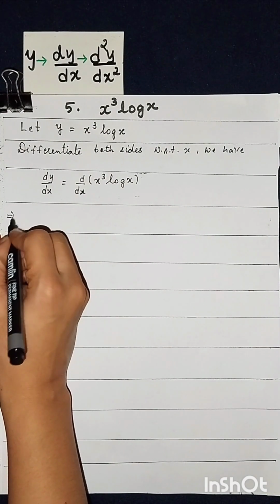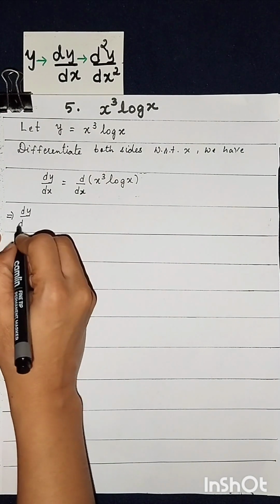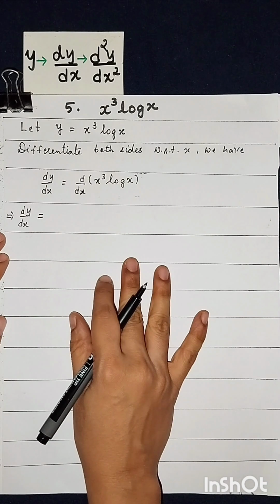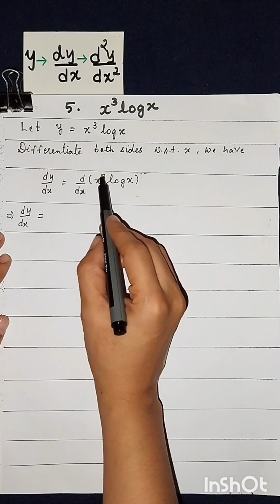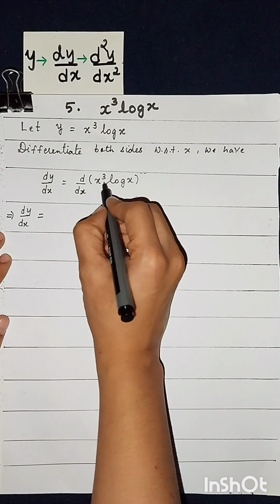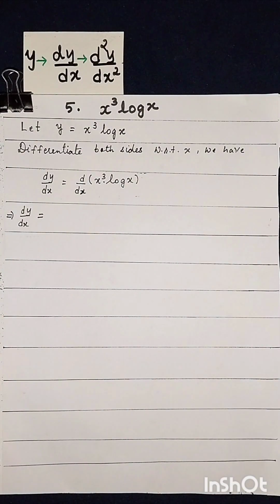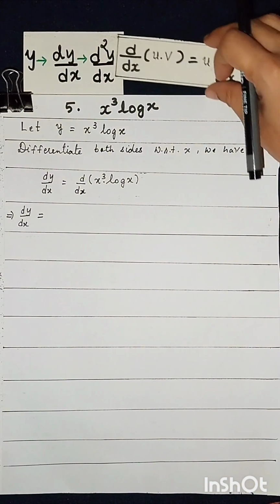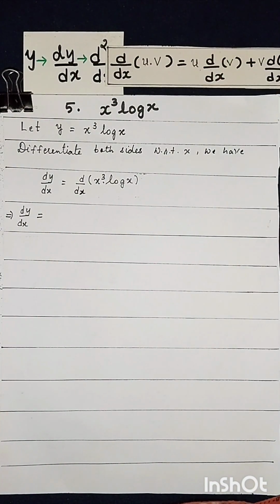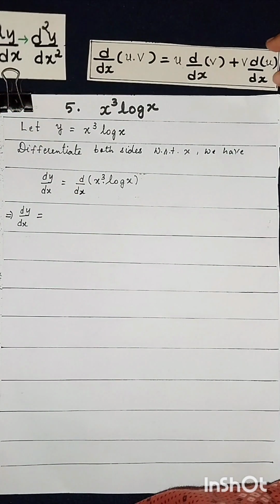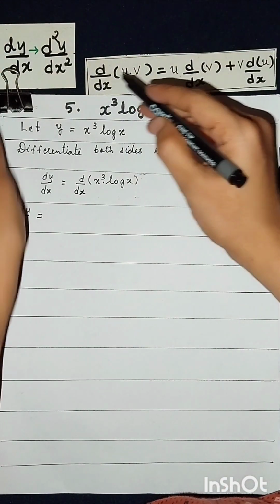Now this implies dy by dx is equal to, so how do we differentiate function into function? Product of function from the algebra of derivatives, which help us to get the derivative of sum of functions, difference of functions, product, quotient, right? So we will take the product of function. We will apply UV rule.